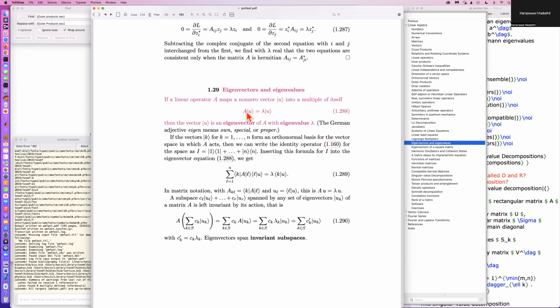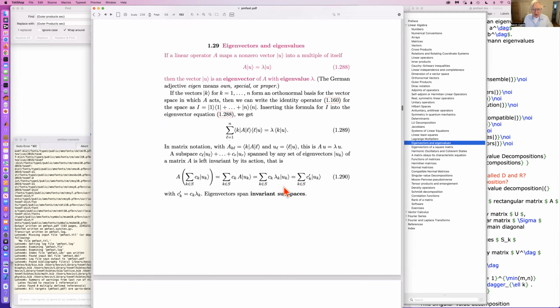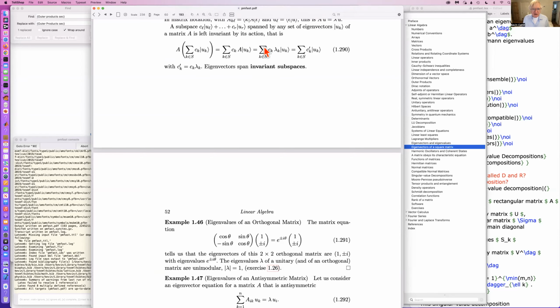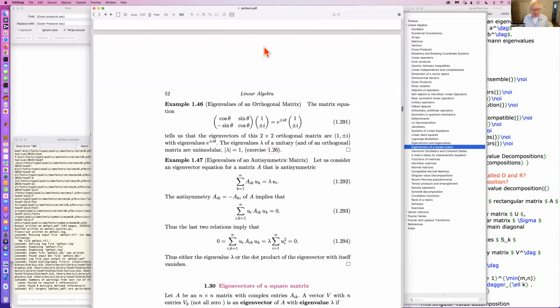Every matrix maps the 0 vector into the 0 vector. Eigenvectors span invariant subspaces. I didn't color that, but it's worth noting.